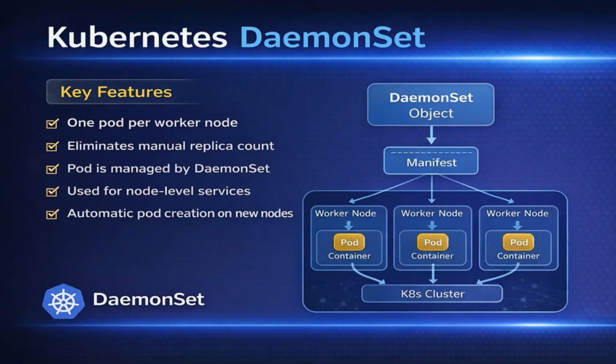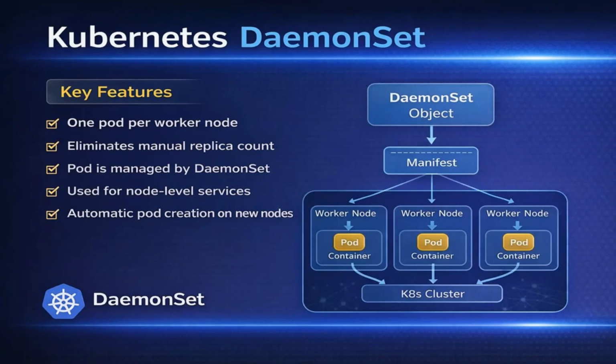Let's assume your Kubernetes cluster has 4 servers. That means 4 worker nodes. You want to run one pod on each server. That means server 1 has one pod, server 2 has one pod, server 3 has one pod, and server 4 has one pod. So totally 4 pods, one on each server.